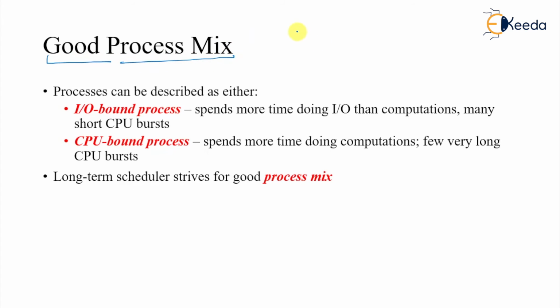Now, what should the selection criteria be when you are selecting a process? Suppose one process requires a long CPU time and then a small IO time, and another process requires a long IO time and then a small CPU time.